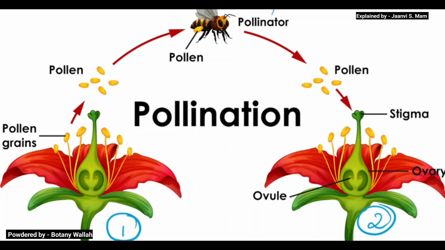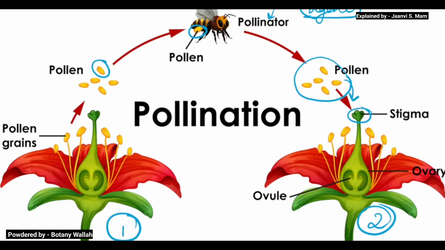So this is the pollinator, one agent helping to carry pollen. It has carried the pollen and will release it on this stigma. The pollen has reached here and will fall on the stigma. So the process of taking pollen from one flower to another is known as pollination.